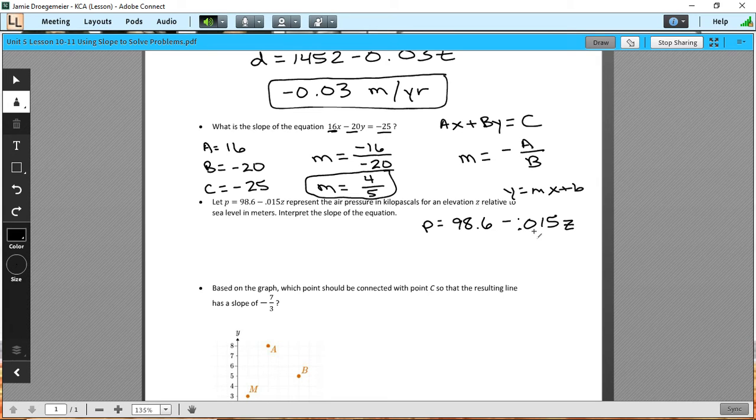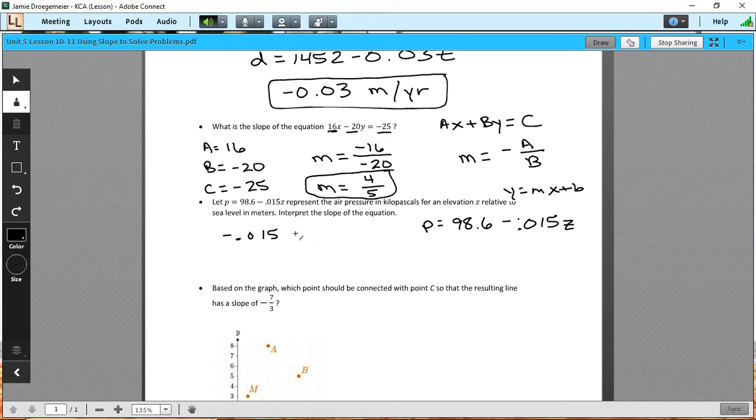And so in our equation here, we're multiplying negative 0.015 times our independent variable of z. So our slope is negative 0.015, and that's going to be the pressure compared to the elevation.